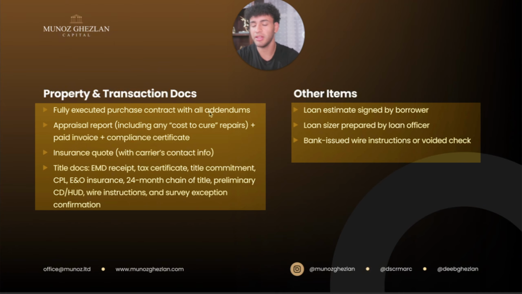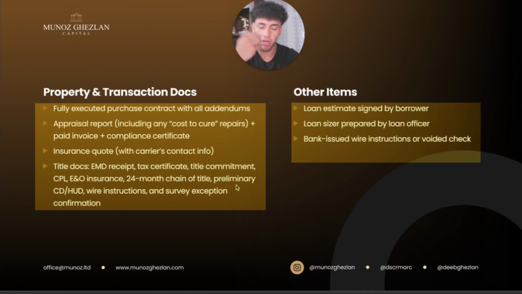Besides that, we're going to need a fully executed purchase contract, appraisal report including any cost to cure repairs, plus the paid invoice of the appraisal report and the compliance certificate from the appraiser themselves. We're going to need an insurance quote and an insurance declaration page. We're going to need from the title company the EMD receipt, tax certificate, title commitment, closing protection letter, E&O insurance, 24-month chain of title, preliminary closing disclosure, and a survey exception confirmation, plus wire instructions just to know where to send the money.